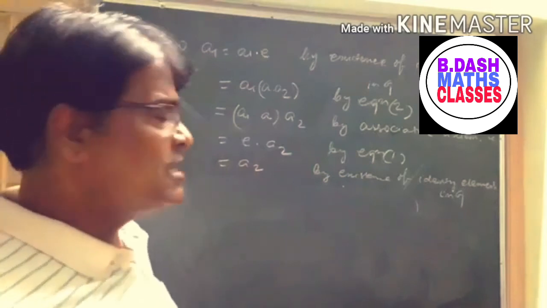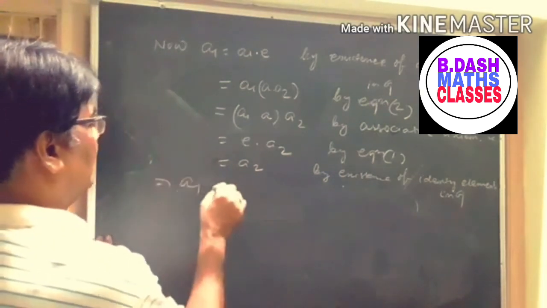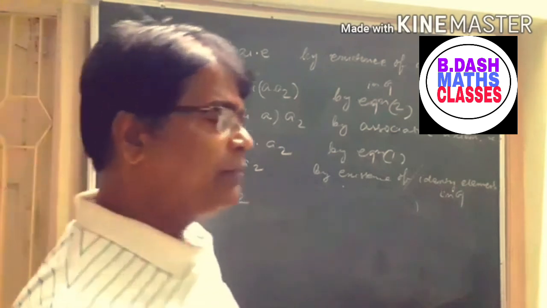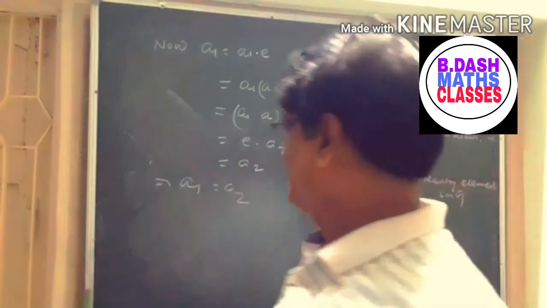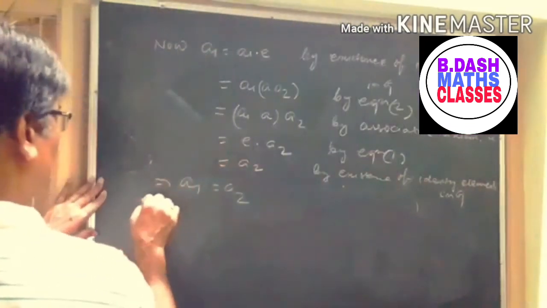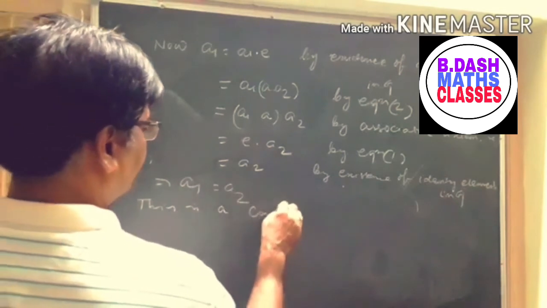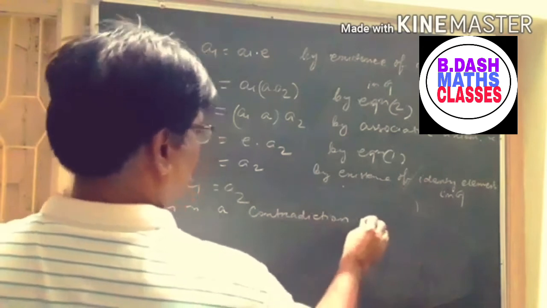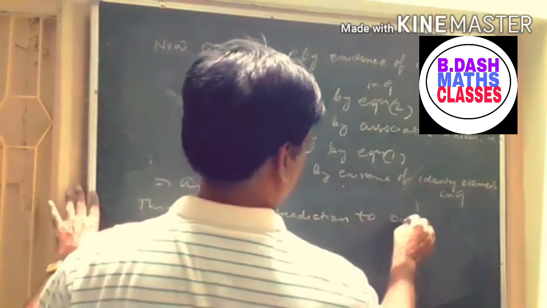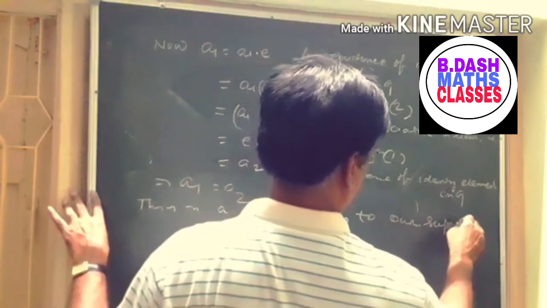This implies A1 is equal to A2. But we have taken A1, A2 as two different inverses for A. This is a contradiction to our supposition.